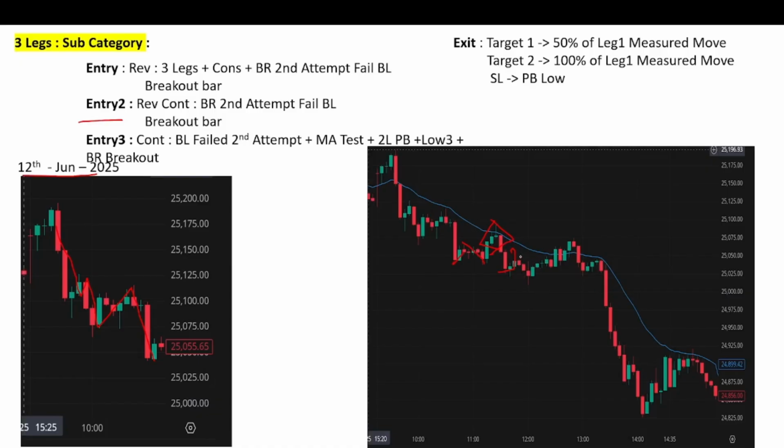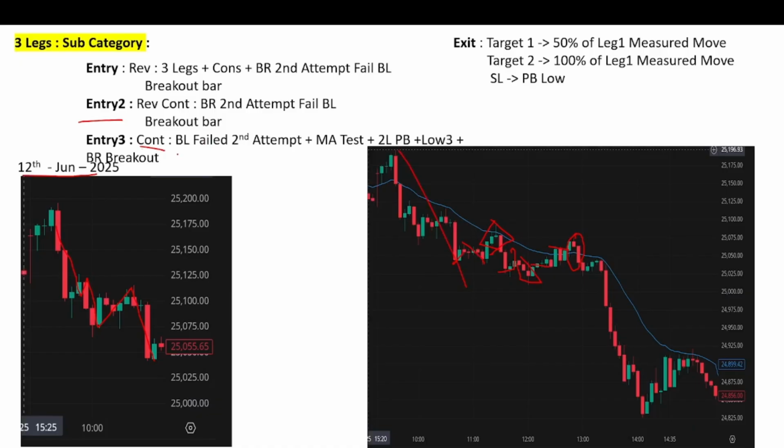So here also bears tried one more time, and failed. You can enter here or here, which also failed by these 2 consecutive bear bars again. And the third is a continuation trade, just the continuation for this moment.